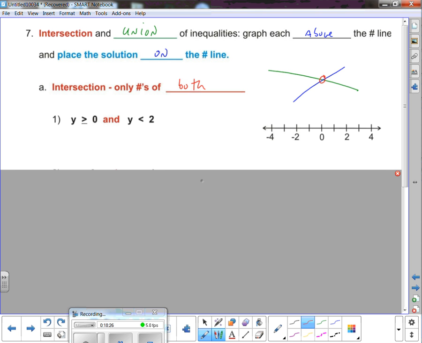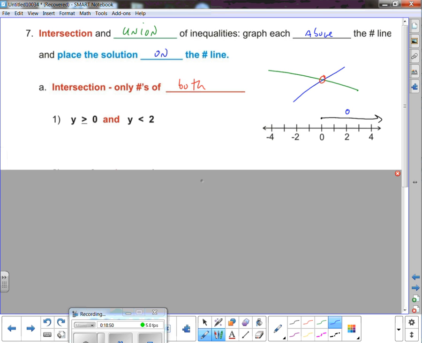So we have y greater than or equal to 0 and y less than 2. What we want to do is graph above. So I'm going to do black and blue here. I'm going to take my black and graph y greater than or equal to 0. So I'm going to do a dot over the 0, an arrow to the right. I'm going to take my blue and do the y less than 2.